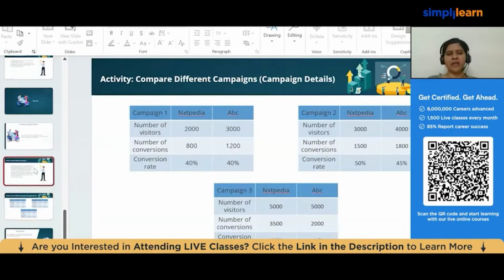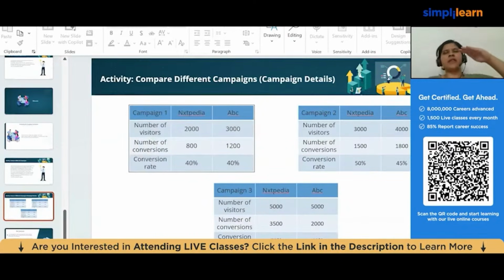So for this activity of comparing the data, ideally your first priority should be conversion rate. And if you get an example where the conversion rate is the same, then see which has got the highest number of conversions. But the priority goes to conversion rate and then the number of conversions, not the other way around.